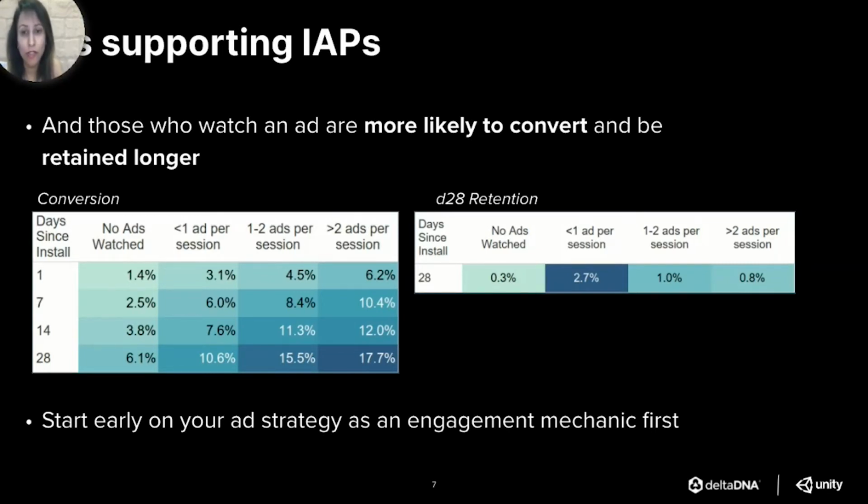It's a little bit more nuanced when we look at the right-hand side of the data. For day 28, there is definitely a sweet spot, where we are seeing day 28 retention maxing out when ad consumption is just less than 1 per session. So as usual, this data is telling us that balancing is an act. Being too cautious with ads is bad. Being too aggressive with ads is also bad.